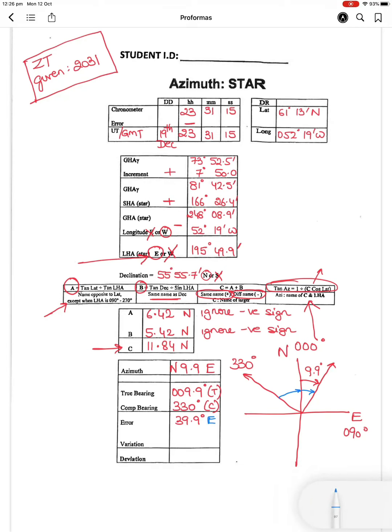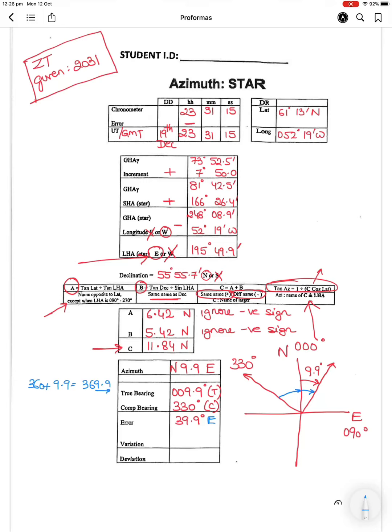Compass least, error east. Now you might say, why is compass lesser? Because the value of the compass bearing is 330, whereas the true bearing is 9.9. Now 330 is greater than 9.9. No, you cannot make a comparison like that. If you are finding the difference between 9.9 and 330, this 9.9 becomes 360 plus 9.9.